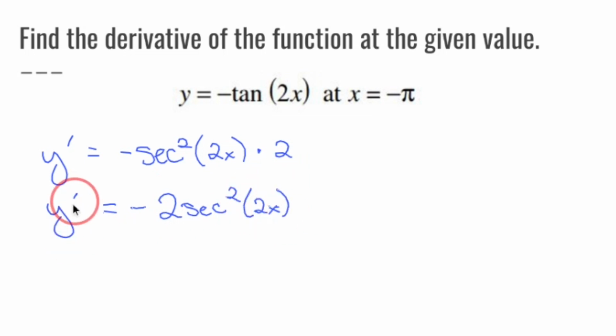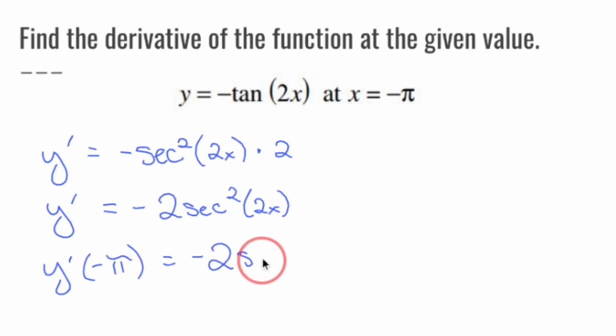That's what y prime is. But I don't want y prime. I want y prime of negative pi. So I have to calculate negative 2 times secant squared of 2 times negative pi, or negative 2 pi.